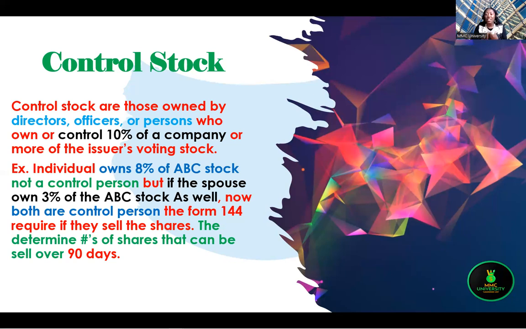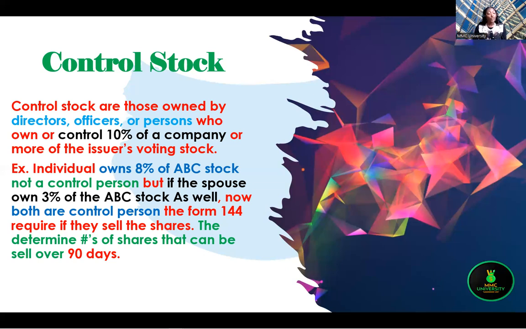Before they can sell any of those securities, they're going to have to complete Form 144. That form determines the number of shares that they can sell over a 90-day period. There are also limitations as to how much of those shares they can sell. Normally it's the greater of 1% of the outstanding shares of the company, or the average weekly trading volume for the most recent 4 weeks.